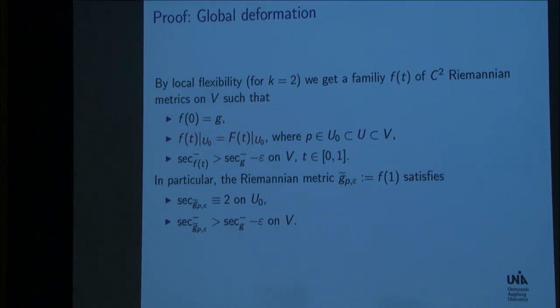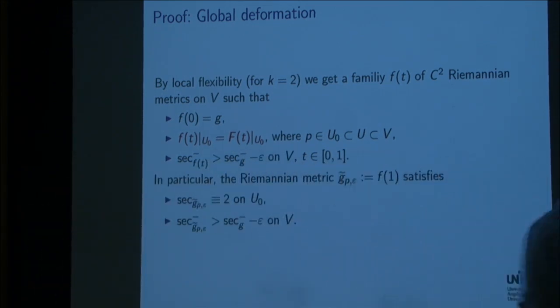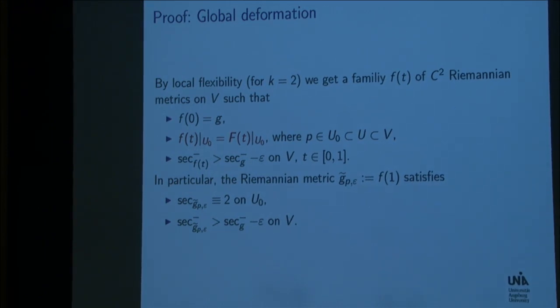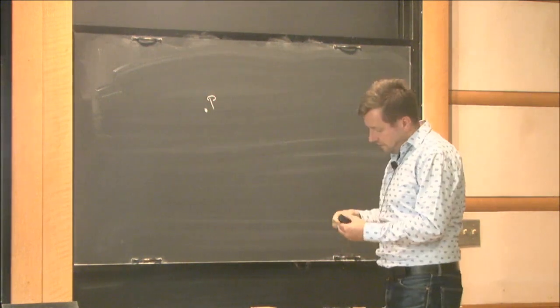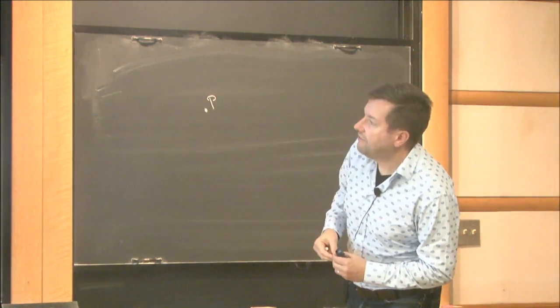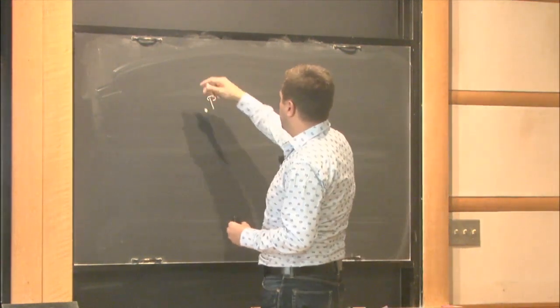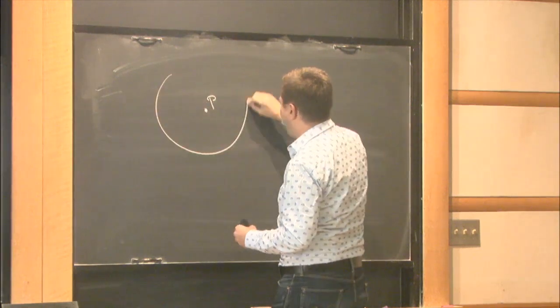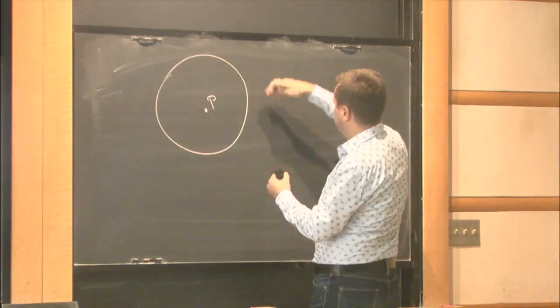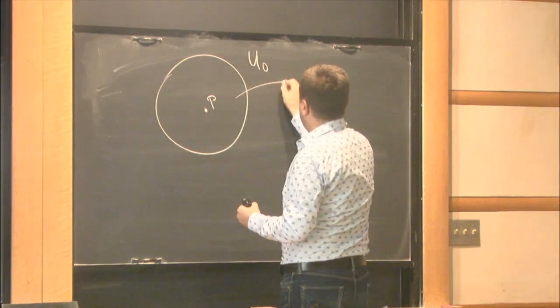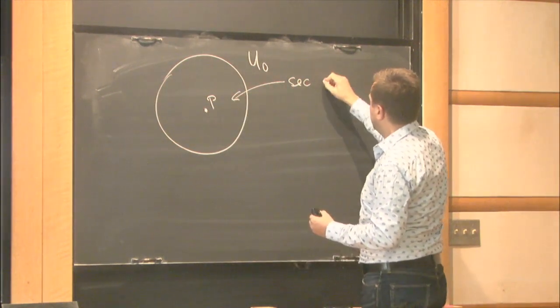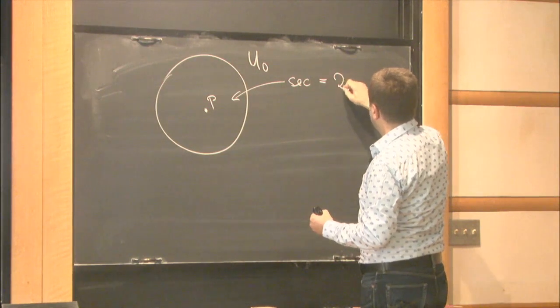And let me draw a little picture here. And the total loss here is bounded above by epsilon. So here we have our point P. And then I have this neighborhood U0. This is U0. And here the sectional curvature is equal to 2.